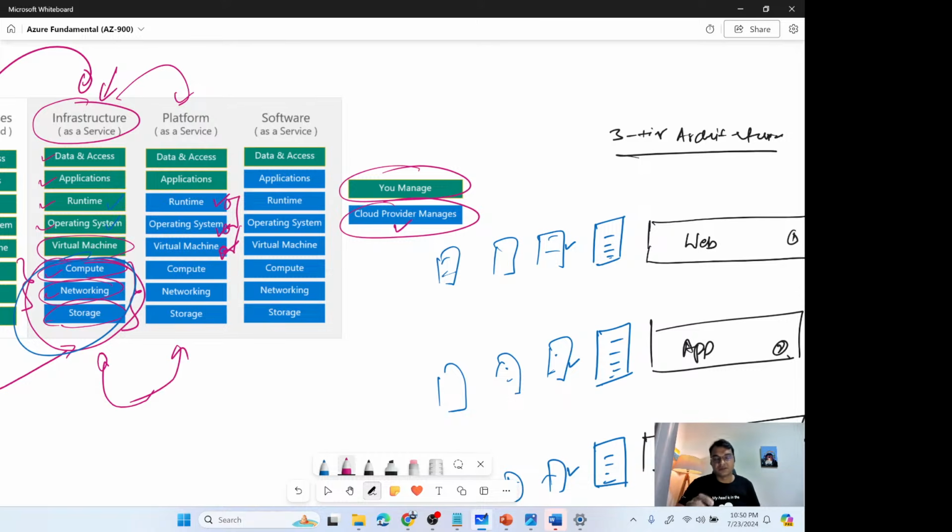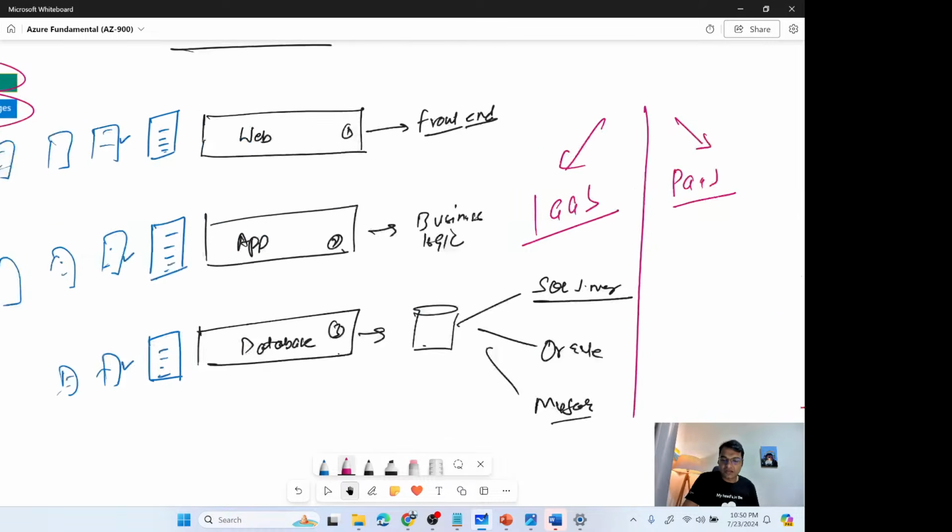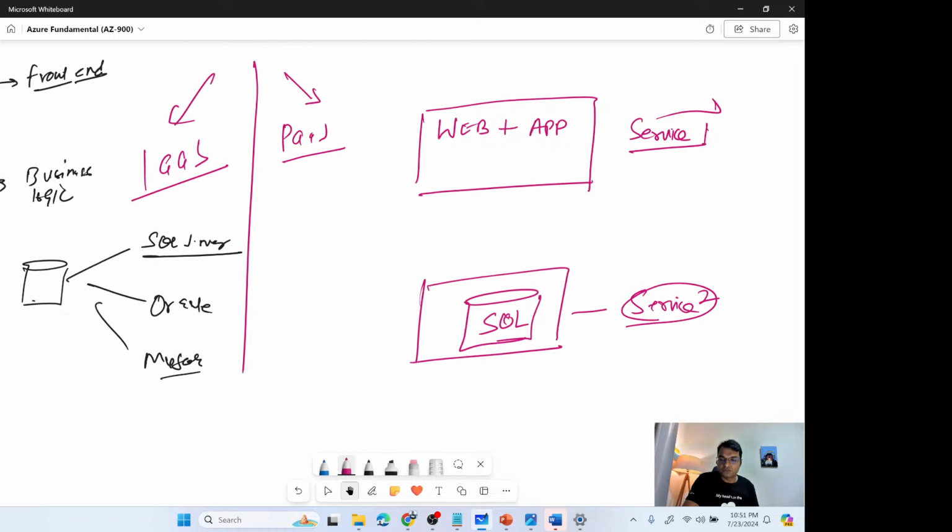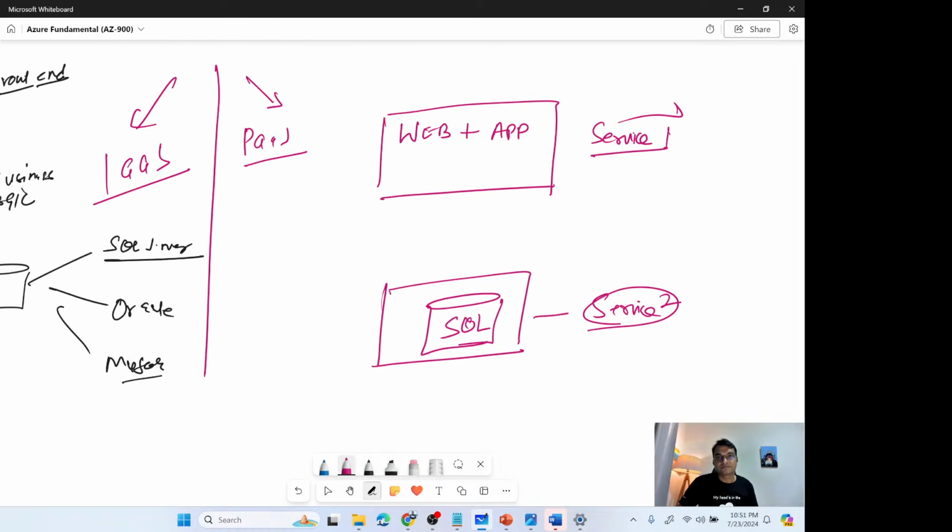So platform, like a database, is offered as a service, in which you can host a database. On the other side, a service is provided to you where you can bring in your website, your front end, and your application logic and host it there. Again, a PaaS service. So you just needed two PaaS services, and your architecture got much simpler. Now there were no virtual machines to be managed. It was made simple with the help of PaaS. Okay, that is platform as a service.